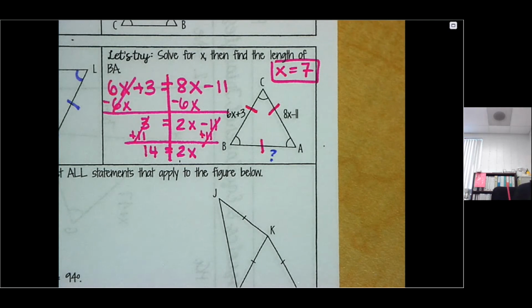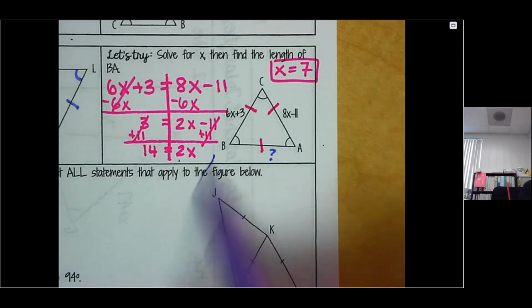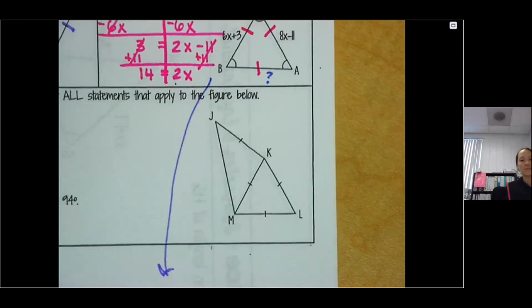45. How'd you get 45? I plugged it in. Which one? Doesn't matter. Why? They're all equal. Oh, they're all exactly the same. So figure out one of the sides and you've figured out all of the sides. It does not matter which one you plug it into, but you have to plug it into one of them. I ran out of space, so I'm going below.